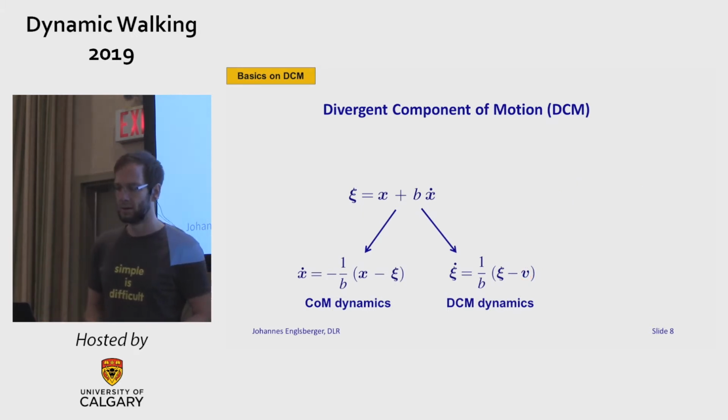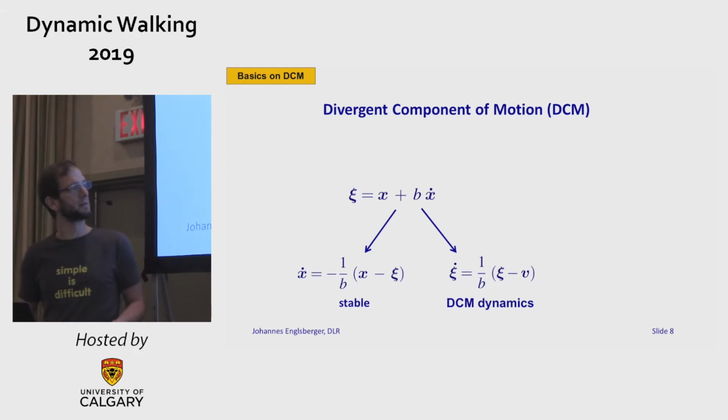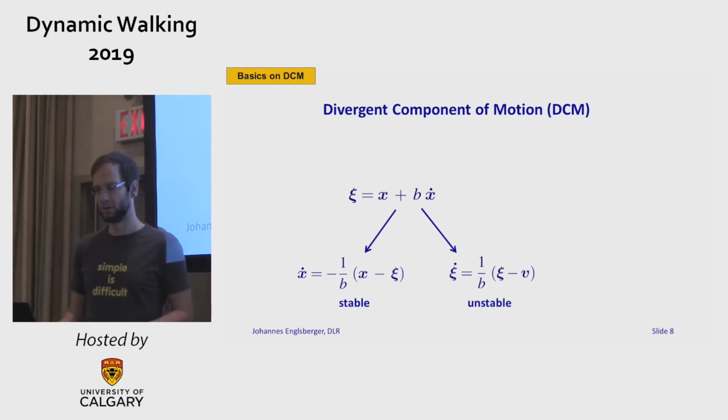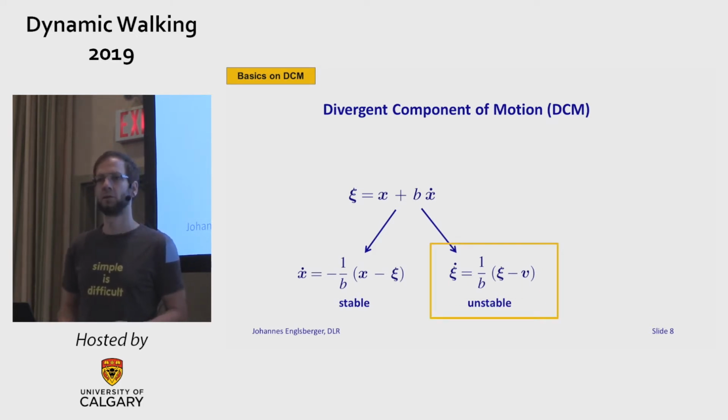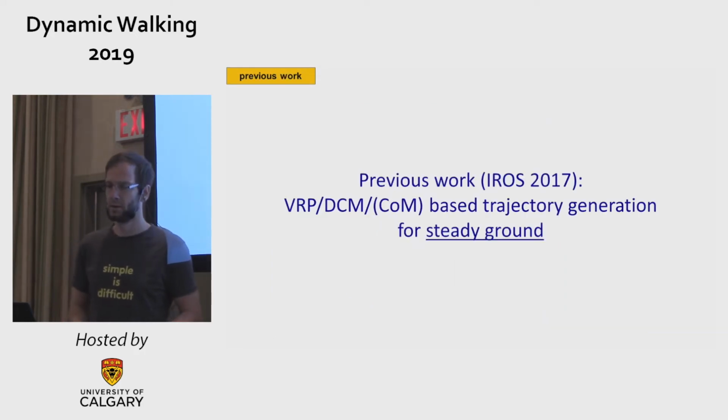Very easy. The center of mass dynamics on the left is naturally stable, while the DCM dynamics is unstable. Therefore, for control, I focus purely on the DCM, whereas for different control approaches or planning, the center of mass trajectories may be of interest, so I provide closed-form solutions for these as well.